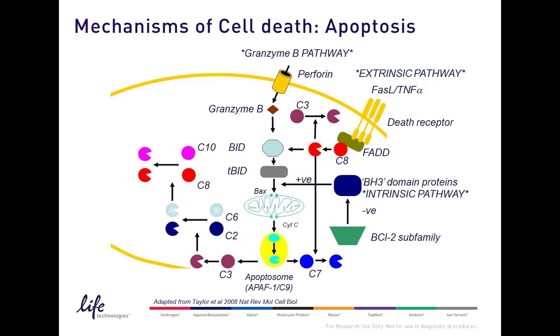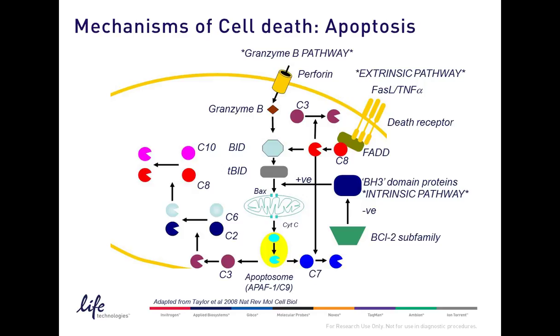Mechanistically, apoptosis is a fairly well-defined pathway. There are extrinsic pathways and intrinsic pathways that bring about apoptosis, as well as the granzyme B pathway. Essentially what happens with the extrinsic pathway is there are death receptors, for example, Fas-L and TNF-alpha. TNF-alpha stands for tumor necrosis factor alpha. These are death receptors.